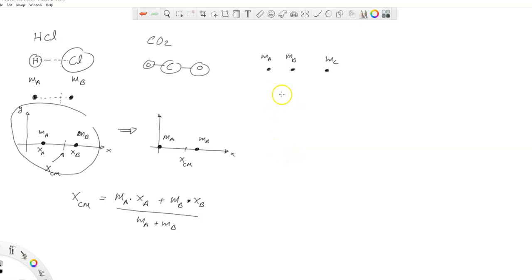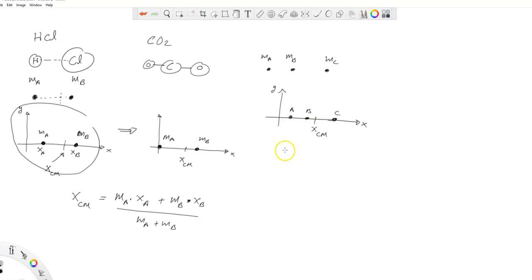So we're going to place it on the x and y axes. Here are the three masses, A, B, C, and we don't know where the center of mass is, so let's say it's somewhere here, XCM.